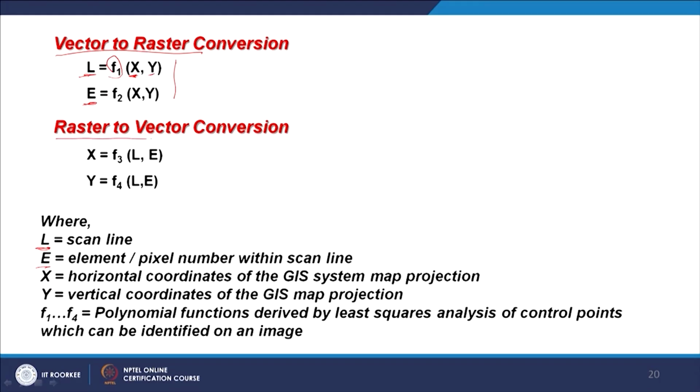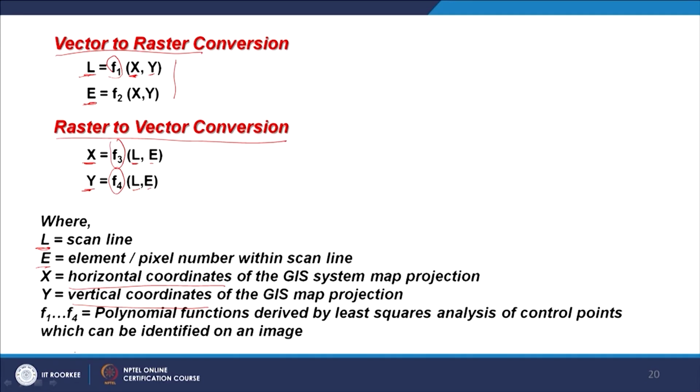In the case of raster to vector, again I will be employing different polynomial functions, but here I determine coordinates using the row number and column number, L and E, as input. L stands for scan line or row in raster, E is the element, the pixel or column number, X is the horizontal coordinate, Y is the vertical coordinate, and so on.